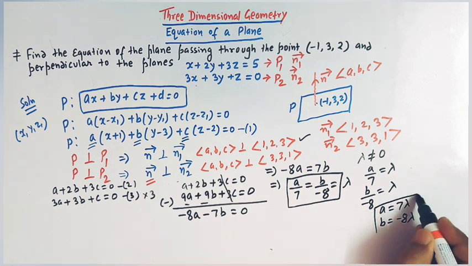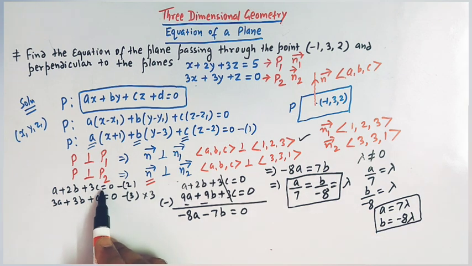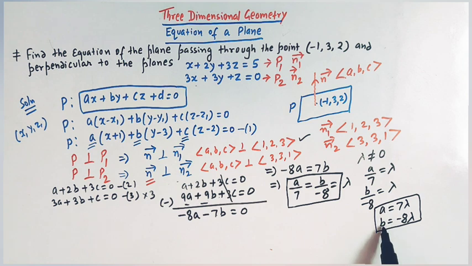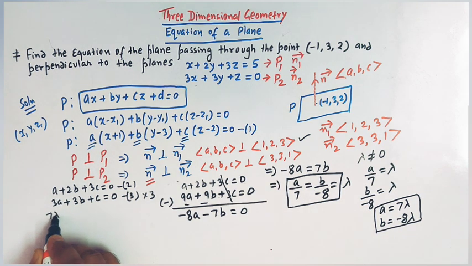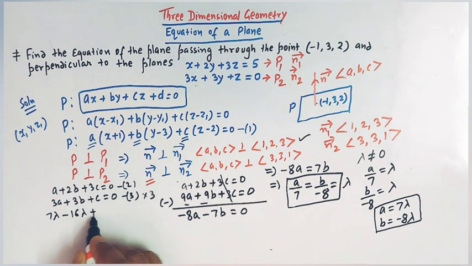And now we'll substitute a and b in either of these two equations. So let us substitute a and b in equation number 2. So here we'll get 7 lambda, and here we have 2 times minus 8, that is minus 16 lambda, plus 3c is equal to 0.